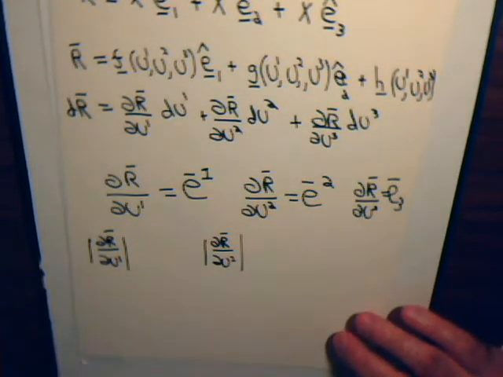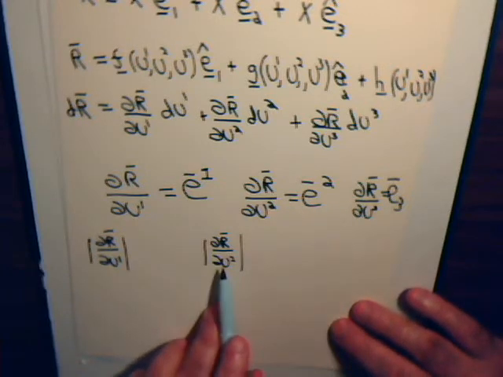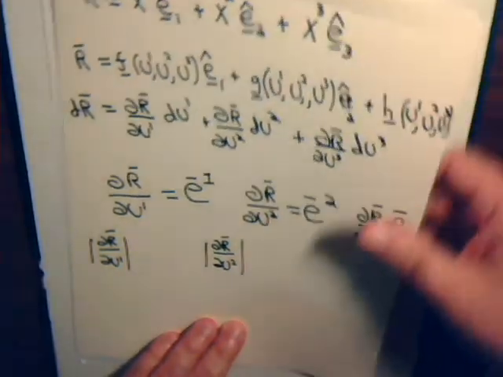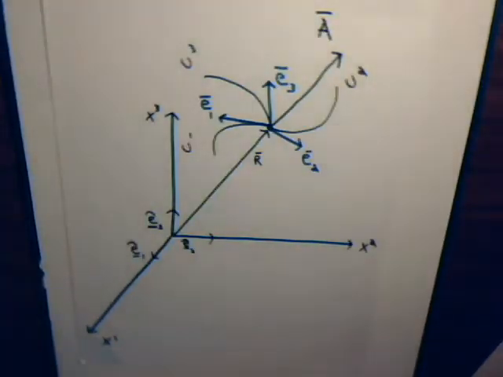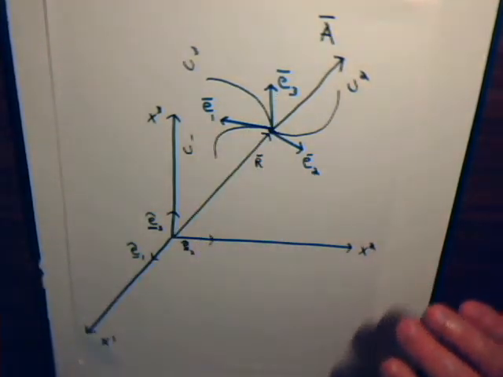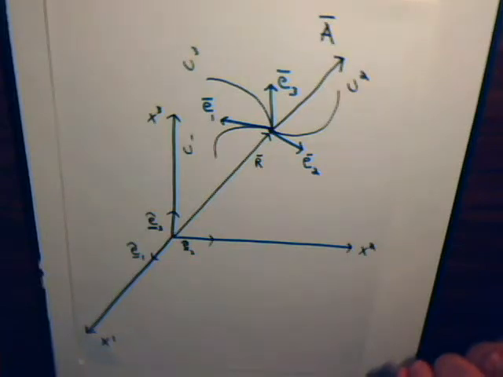Whatever the magnitude of that vector is, divide it by that, and that gives us the unit vector. We didn't do that because in most textbooks you'll see it's just written simply as E1, E2, and E3. That is, they do not work with the unit vectors.